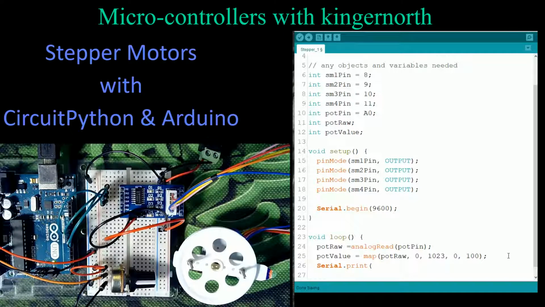I'm going to put in my quotes, and this will be "pot value", end quote, close bracket. Got to put in all the stuff we want here. Then Serial.println. And this time we're going to go with the LN because we don't want to do a line return after this. And this is actually going to be the pot value.